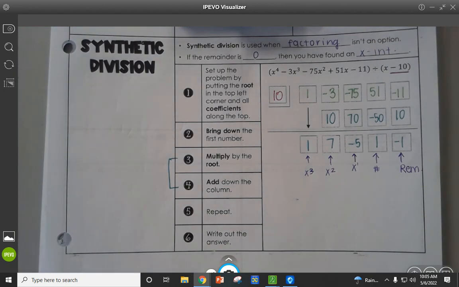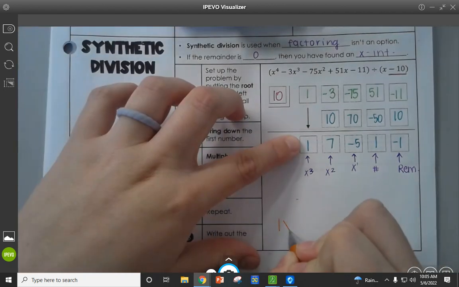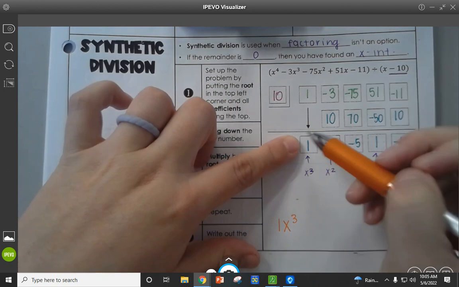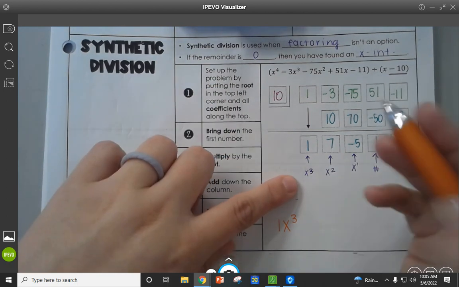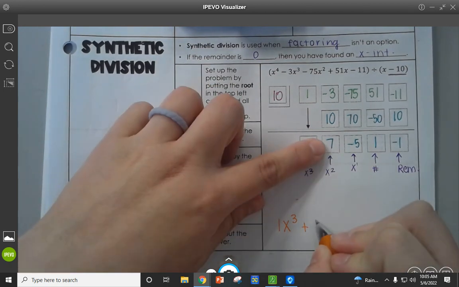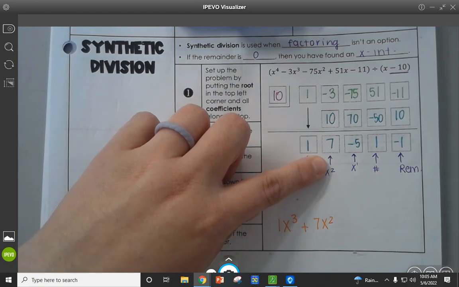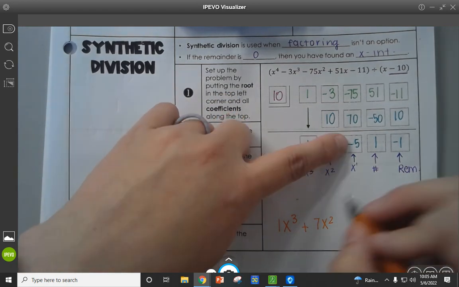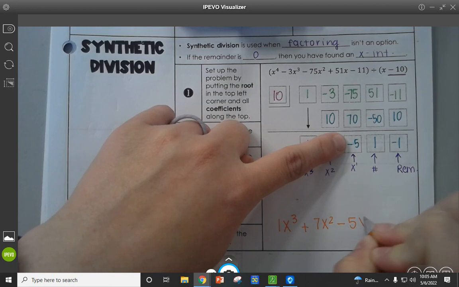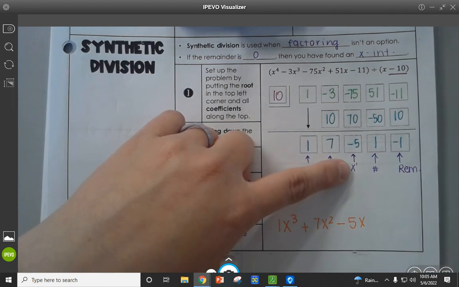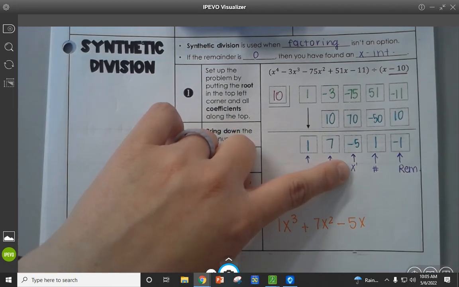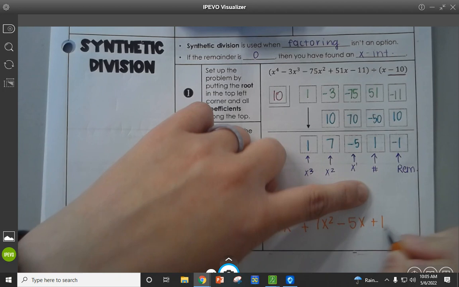So my answer is 1x cubed plus 7x squared minus 5x plus 1.